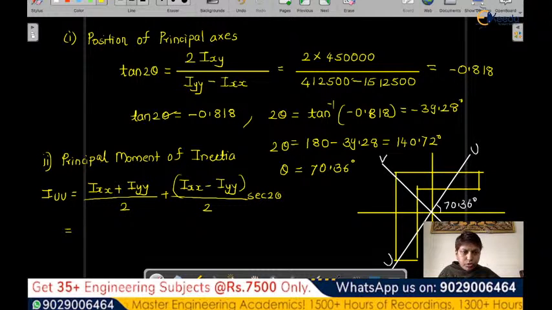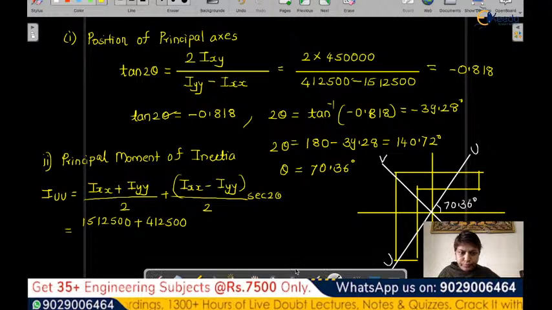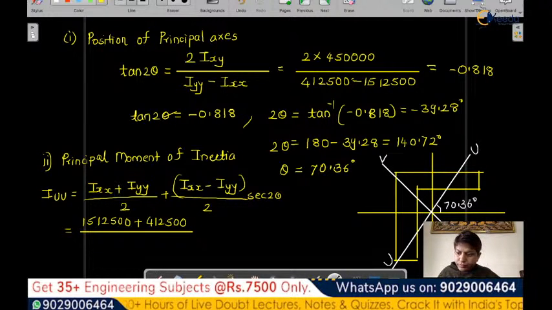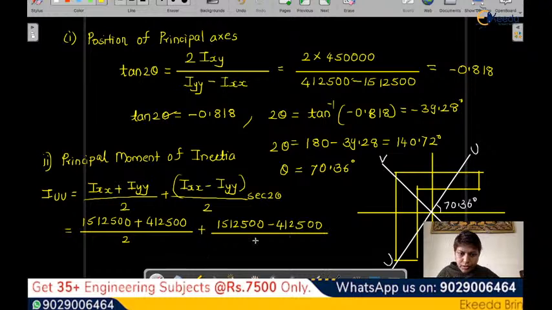Substitute all the values here. Ixx is 1512500 plus 412500 divided by 2 plus 1512500 minus 412500. These are our previous calculation values. Simply substitute and you have to remember the formula.